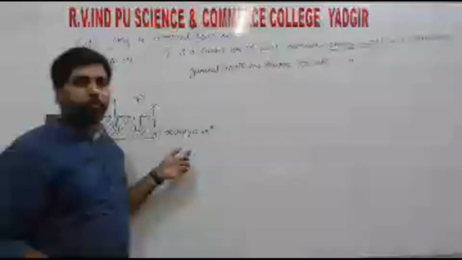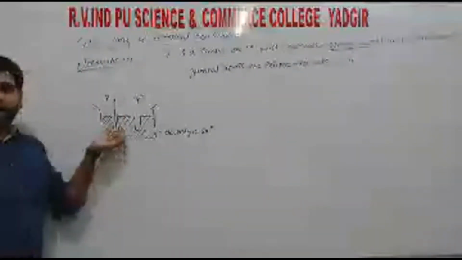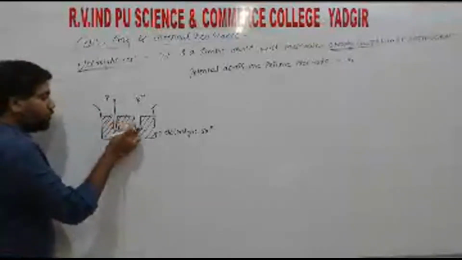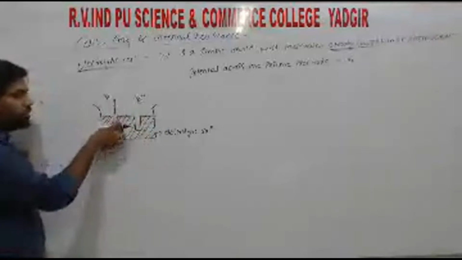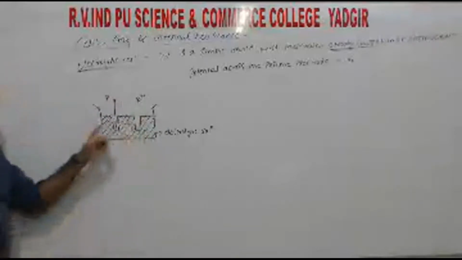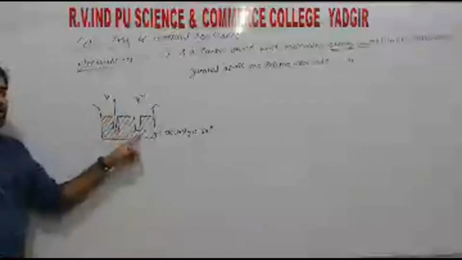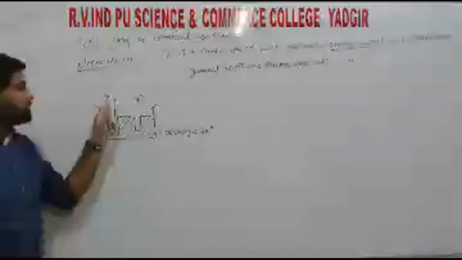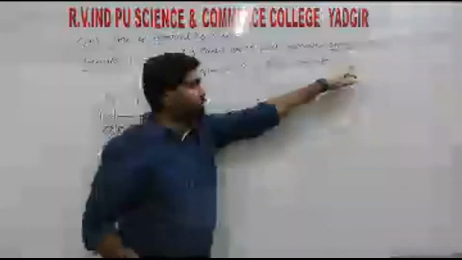Here V is the potential difference between the electrode and the electrolytic solution. We call that the potential across P, and we take that as V plus.